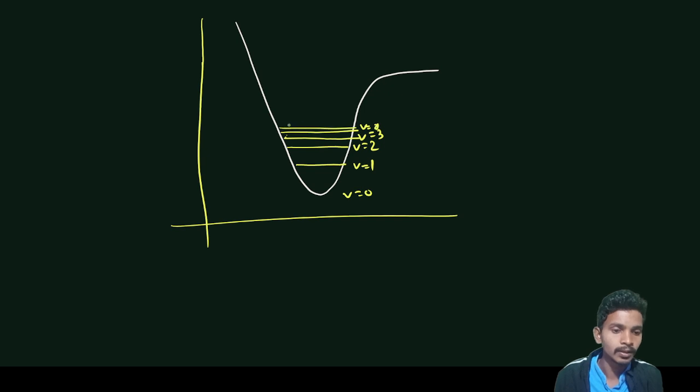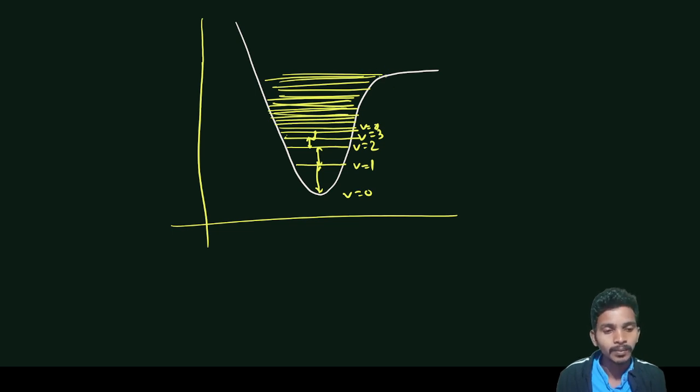After that the gap decreases and decreases. Here between v0 and v1 the gap is high, then the gap decreases. After that the levels will be so closely packed whenever you go into higher energy levels.